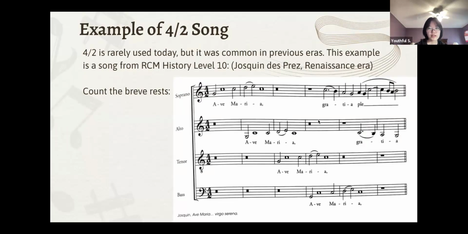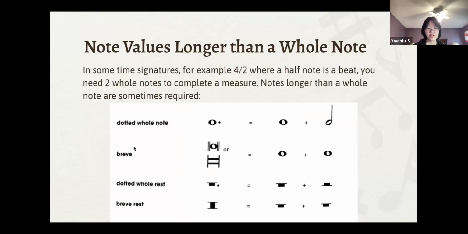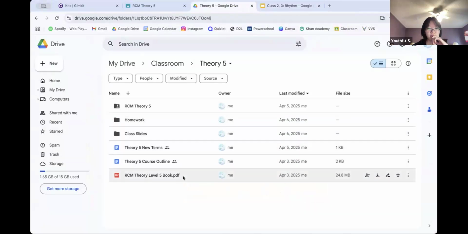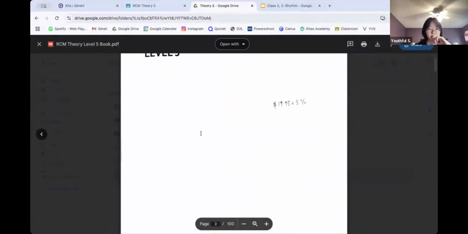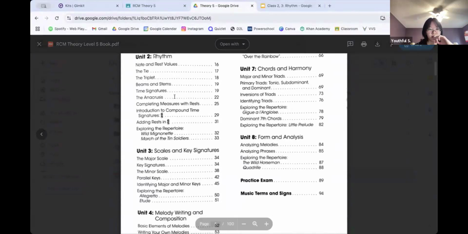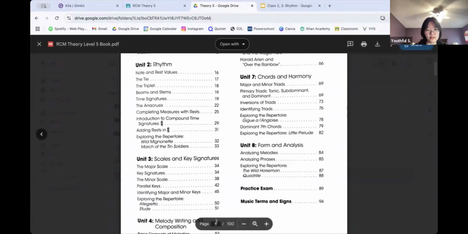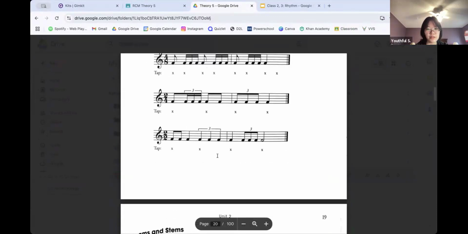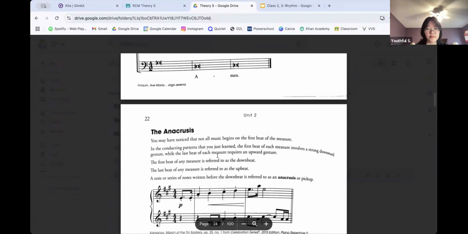I want to see if I can find an example of what a breve looks like, the actual note instead of just a rest. Let's look in the book. I think it was here, page 19.